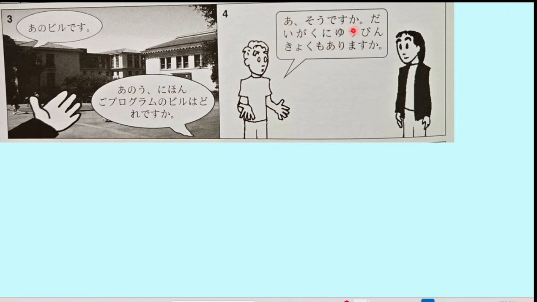And then he asks another question: "Daigaku ni yubinkyoku mo arimasu ka?" Daigaku ni means at the university. Yubinkyoku mo arimasu ka? Is there a post office as well on the university campus? This is the next question he has asked. The answer we will see on the next slide, because in this one, Sonsan has not answered this question.